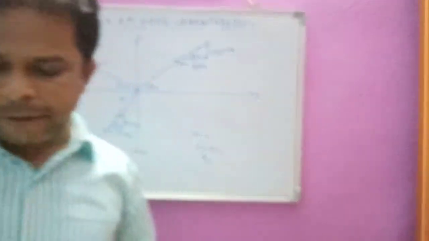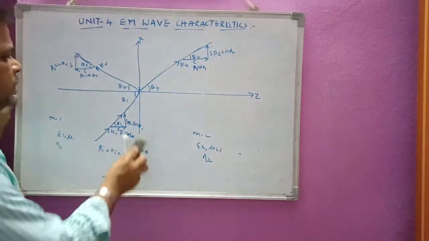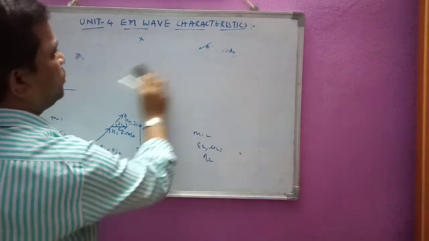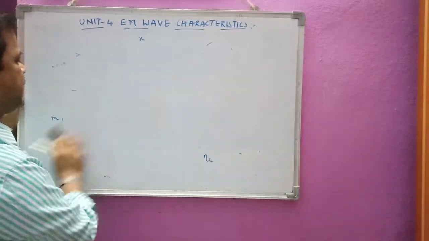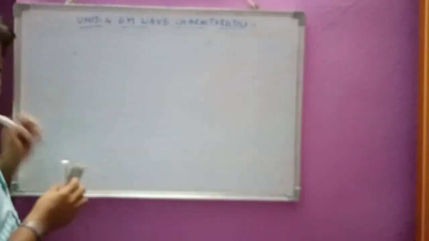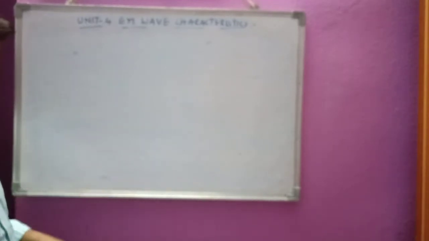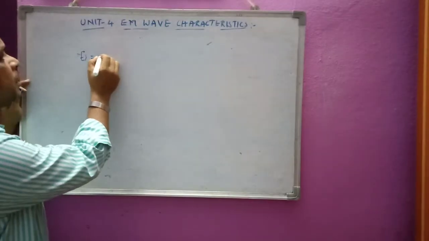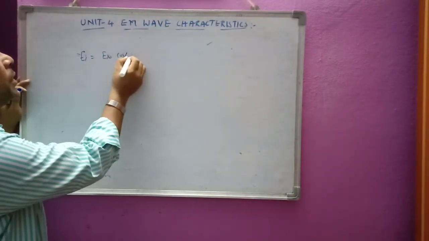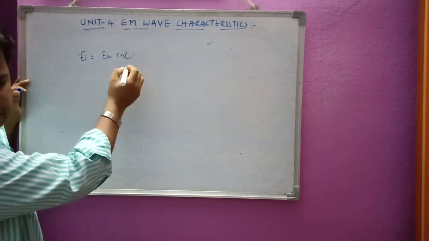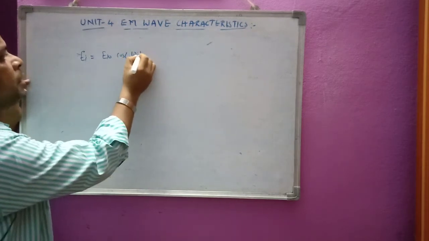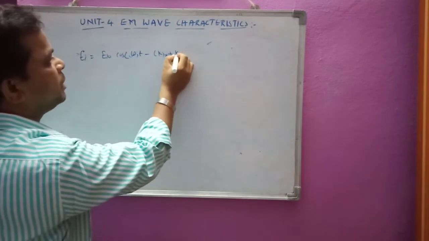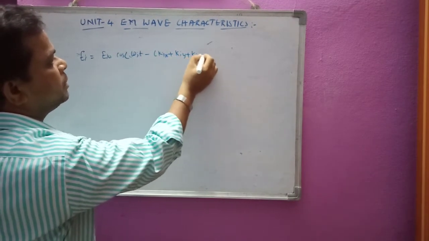From this I can write the EI, ER and ET here. Let me erase this one. So I can write the three fields in incident, reflected and transmitted wave directions like this. EI is EI naught cos of omega I t minus (kix x plus kiy y plus kiz z).